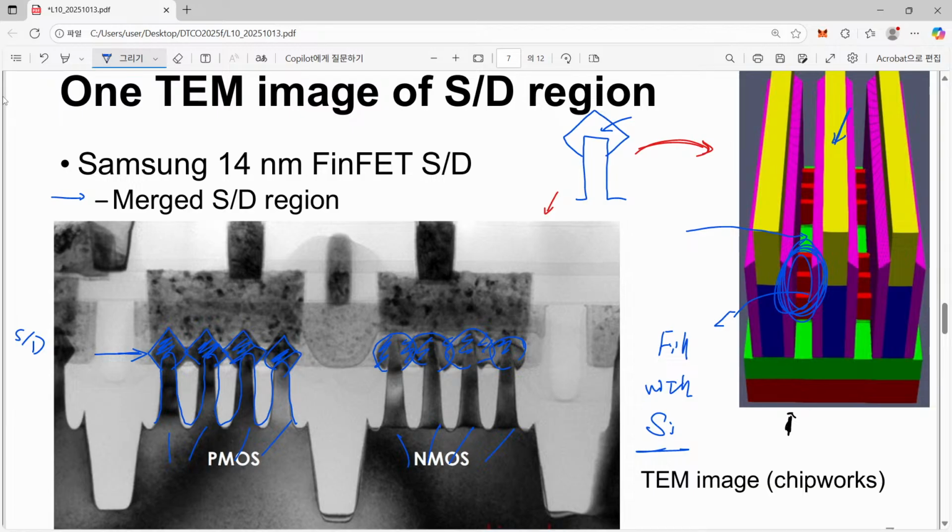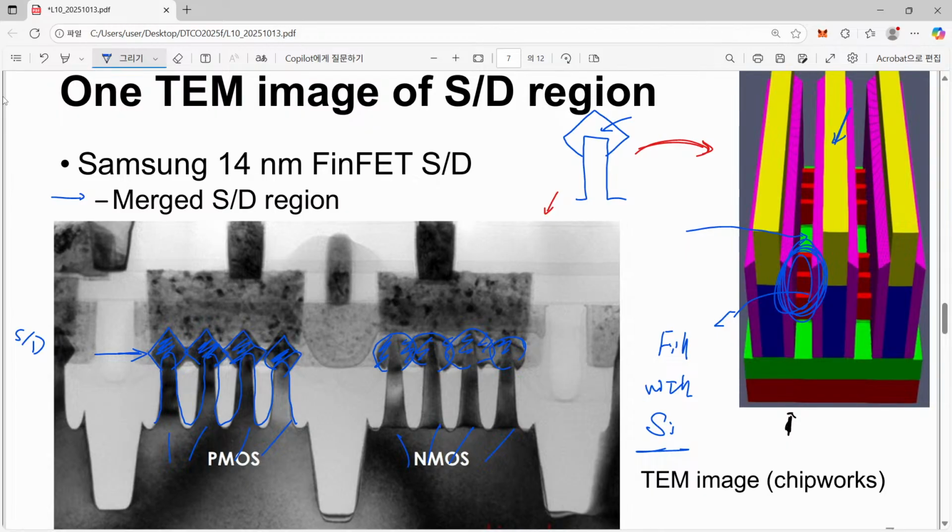Then what will happen? The merged one will show lower resistance, and the unmerged one will show relatively higher resistance. So lower resistance is always good, but we also have to consider variability. If you make a billion transistors, the good one is good, but the bad one is too bad, then that kills your design. That is not the way we prepare.